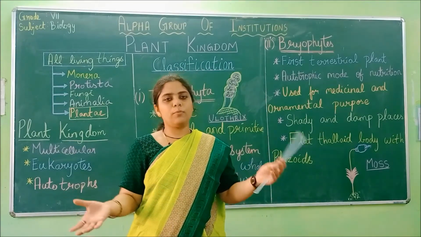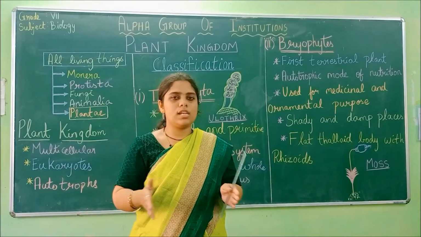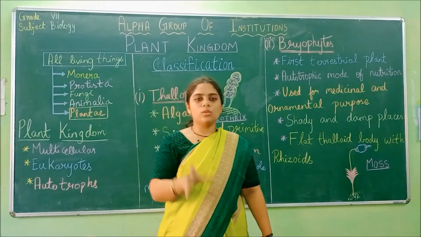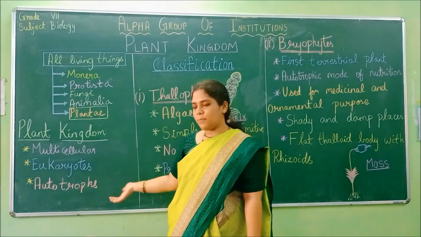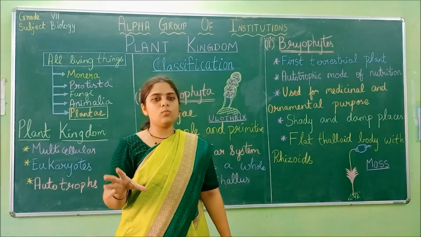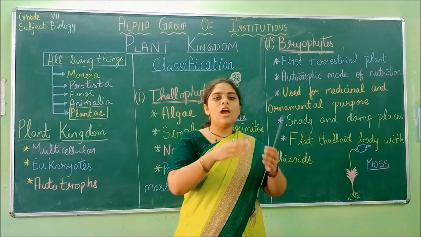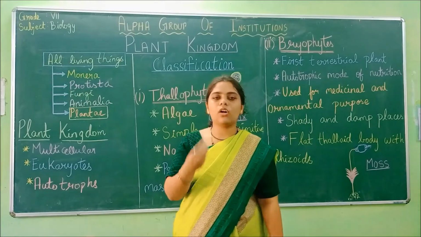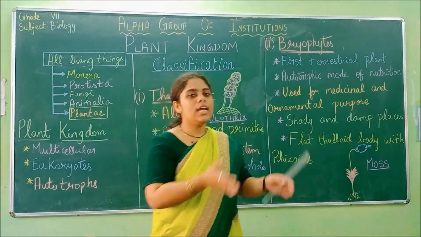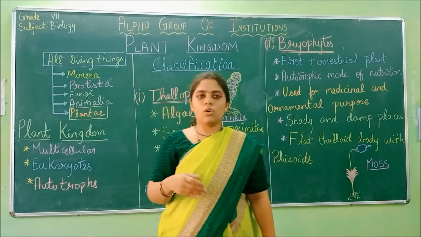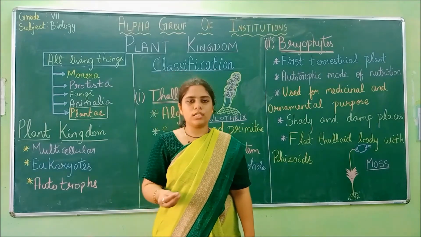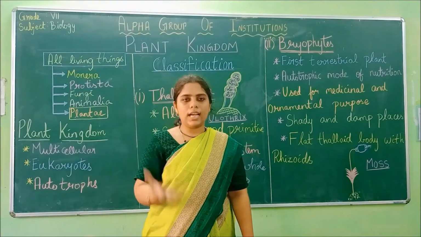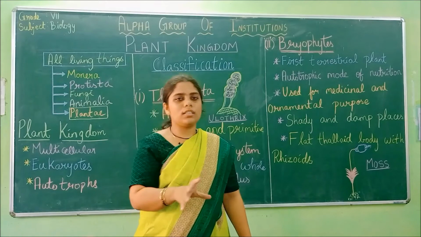If they put an LKG student and a 12th standard student together, what will happen? That type of confusion happens here also. That is why we classify according to their characteristics, their appearance, their features. This is the need for classification. That is why we classify all the organisms.